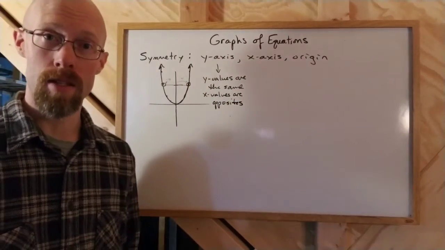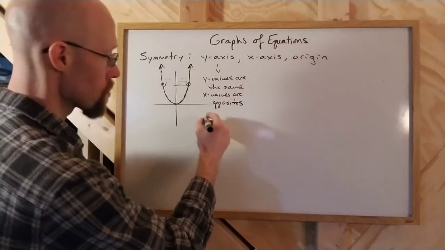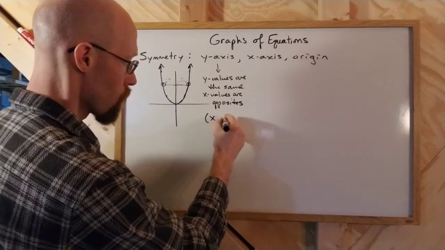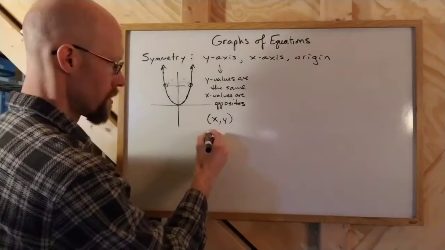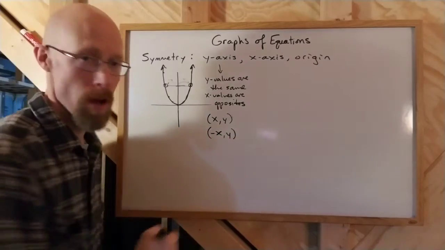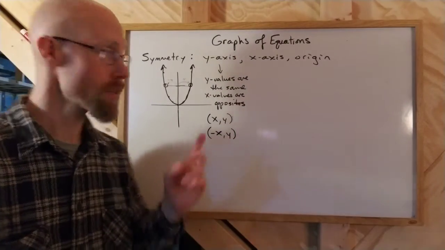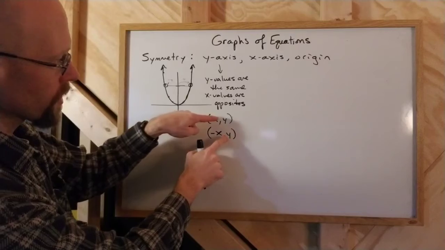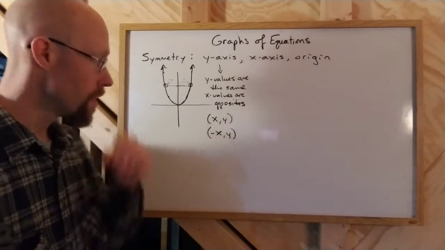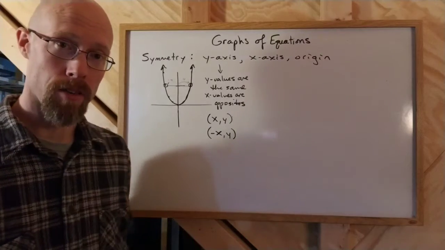Okay, so what that means then is anytime you have y-axis symmetry, there are always going to be, for every x, y ordered pair on the graph, there is also going to be a negative x, y ordered pair on the graph. Okay, so there's 2 points that are symmetrical. They have the same y coordinate but opposite x coordinates. Okay, one positive, one negative.